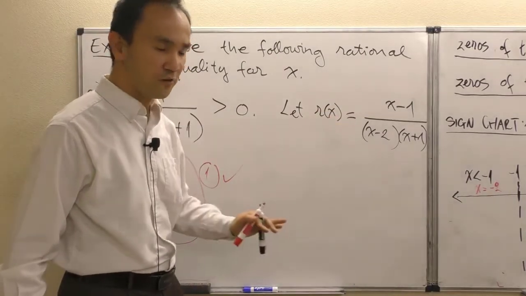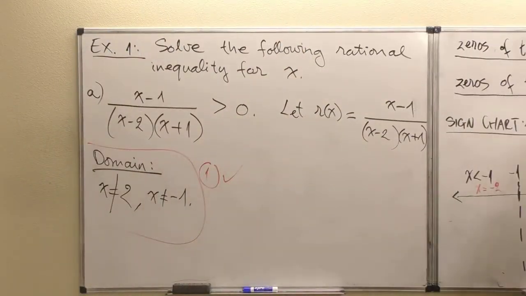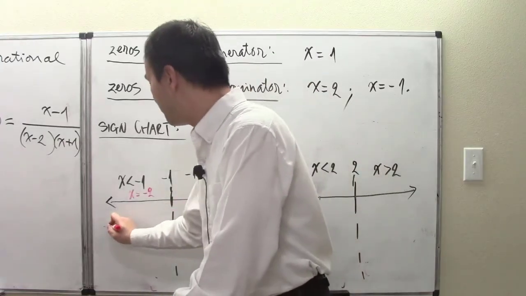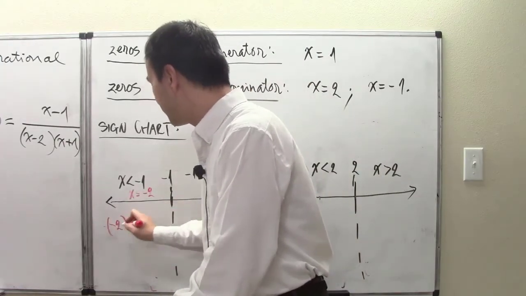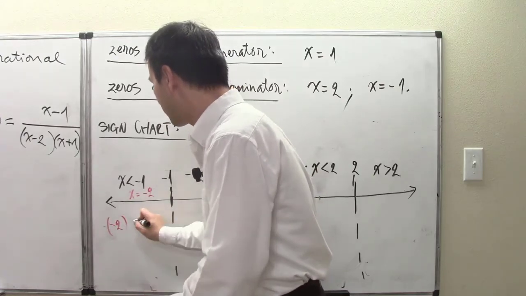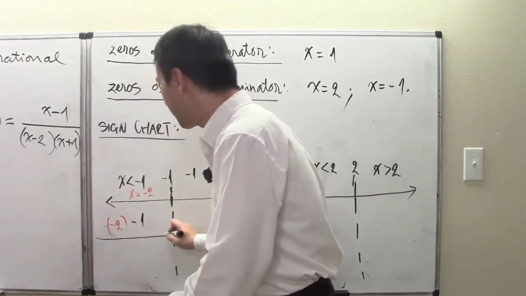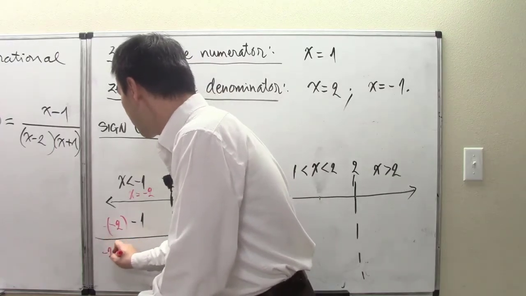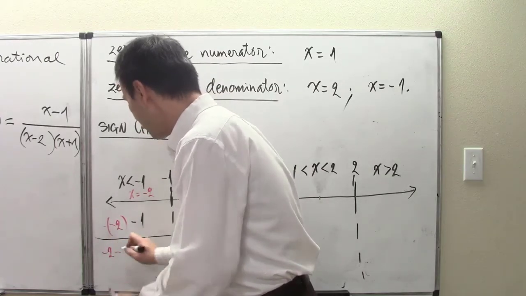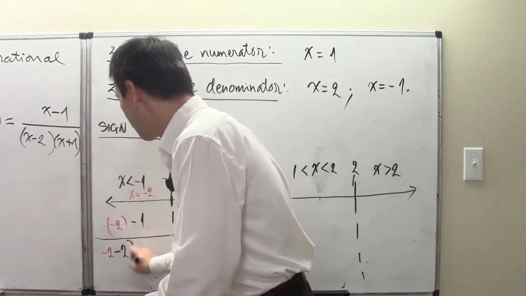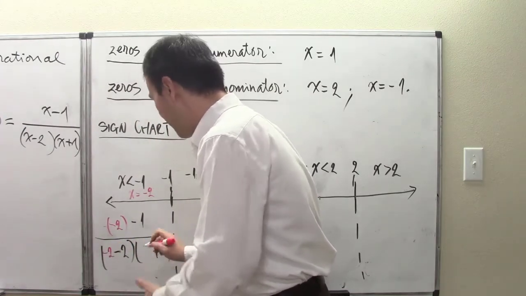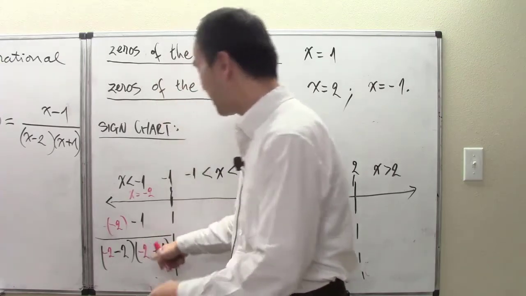So with our current rational function, I'm going to have -2 minus 1, and I'm dividing that by negative 2 minus 2, and then negative 2 minus 1.